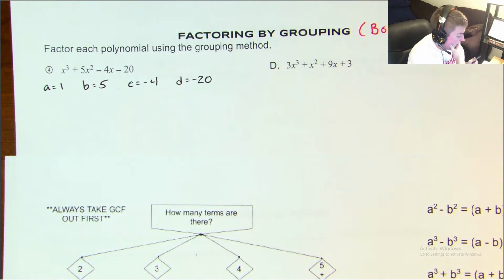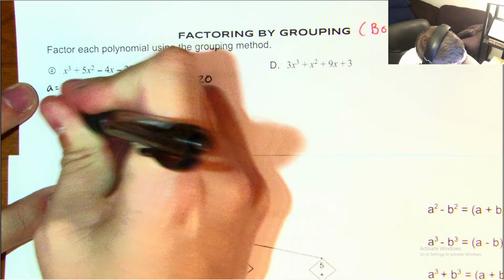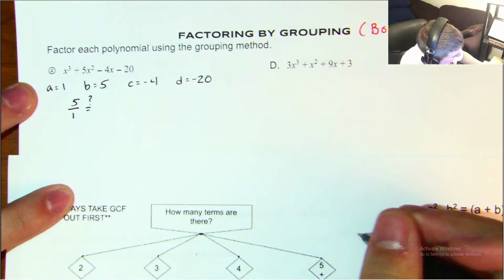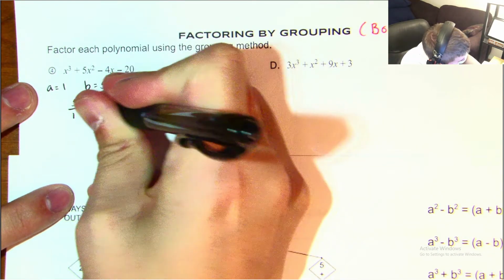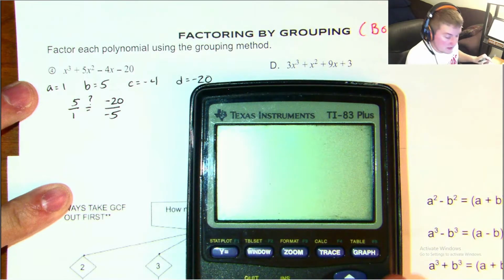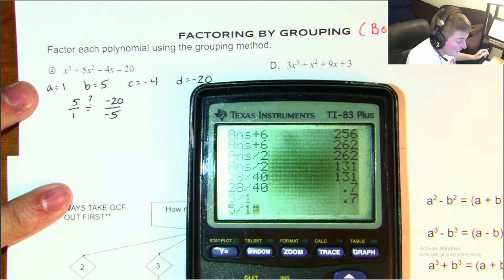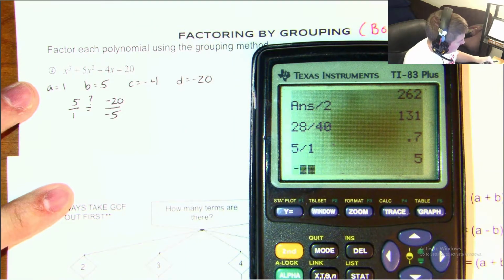Okay, so then I want to ask myself, does b over a, 5 over 1, equal d over c, negative 20 over negative 5? Well, let's check. Hopefully we don't have to do 5 divided by 1, but it is 5.